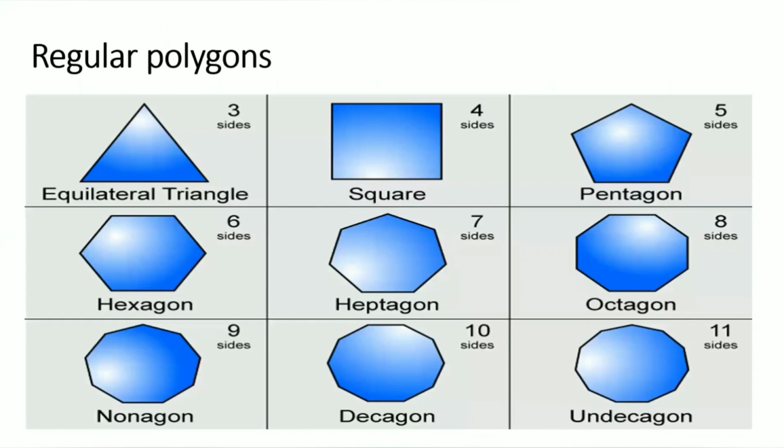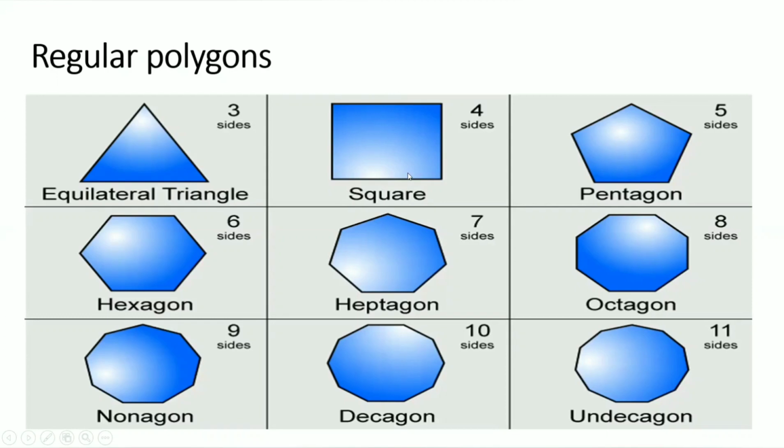Now, here in this table, you can see many polygons and here the title is regular polygons. Regular polygons means the polygons with equal sides. So the measure of all the sides are equal. First is triangle. It is an equilateral triangle because all three sides are the same.